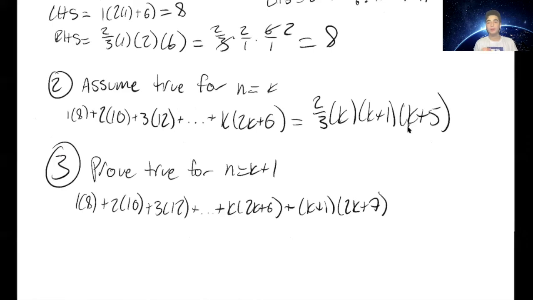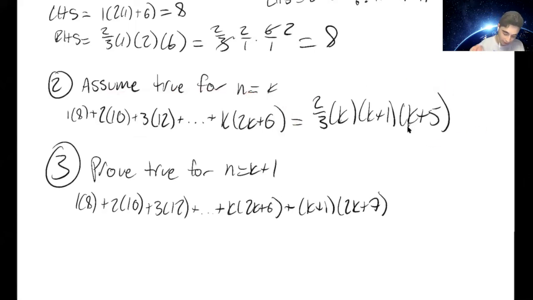Okay, so now you're thinking, what the heck do we do with this? There's nothing to do. Actually, there is, because look at this. Look how useful step number 2 is. Step number 2 is always so useful, and always look to substitute step 2 into step 3, because that's how you're going to get your answer. In step number 2, we have all of this is equal to this.